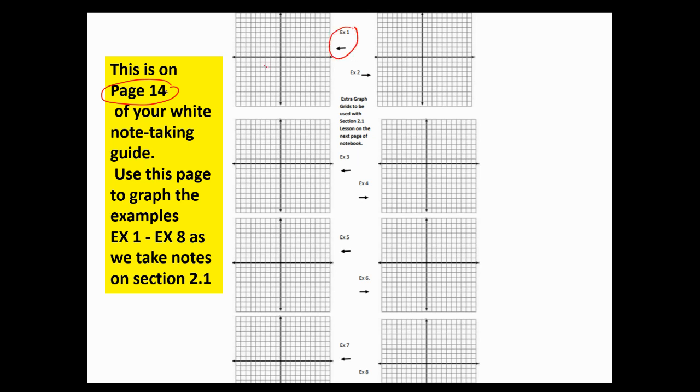When we do example 1, please graph it here. When we do example 2, please graph here. Example 3 here, example 4 here. It says right here, to be used with section 2.1. And again, this is on page 14 of your white note-taking guide.